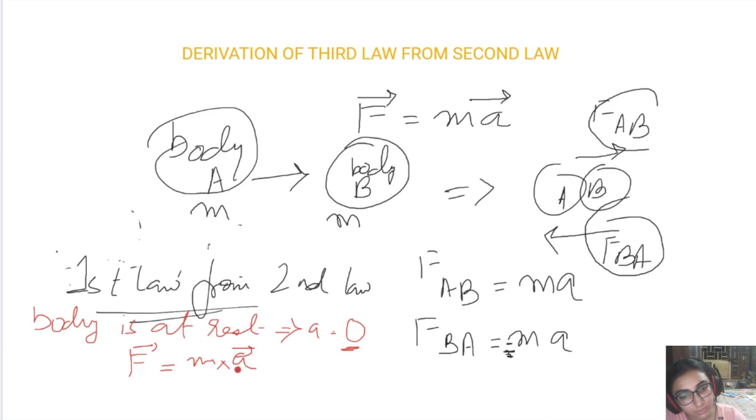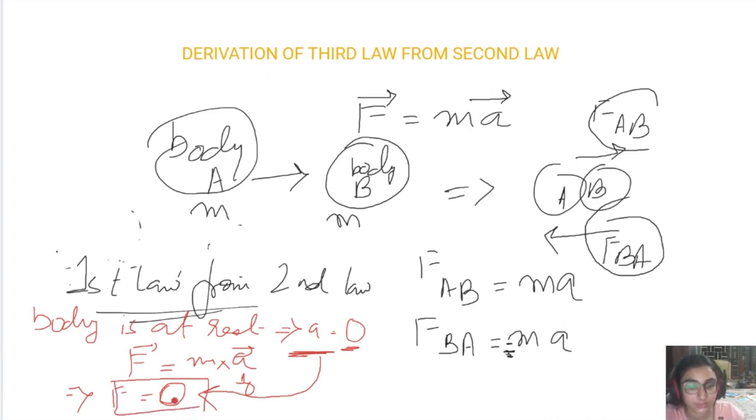Here A is equal to 0, so then the force also becomes 0. So now we'll go at it backwards: if the body is at rest, meaning acceleration is 0, it means that there is no external force applied on it, because F here is 0. Bas, that's it. This was very small. So that is why basically the second law is called the real law.